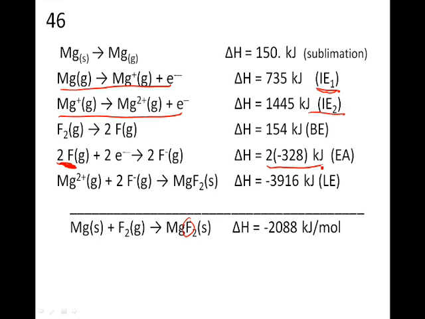And that is a negative number. So that'll be negative 656. And we add those all together and we get an enthalpy of formation for this reaction of negative 2088.